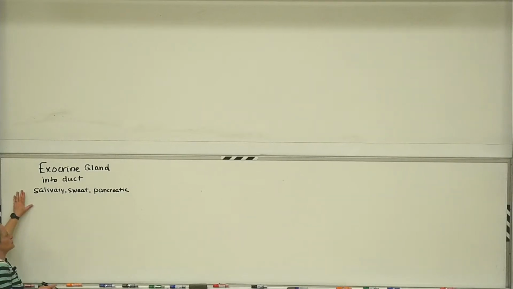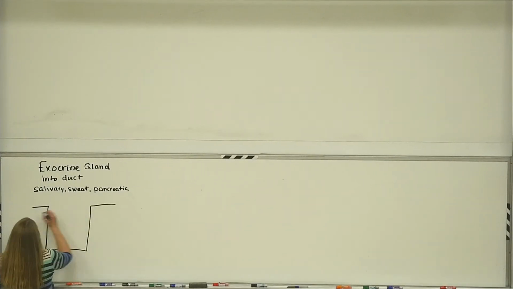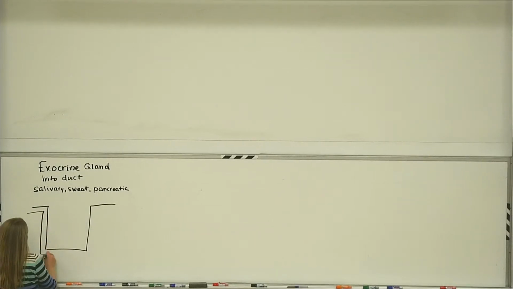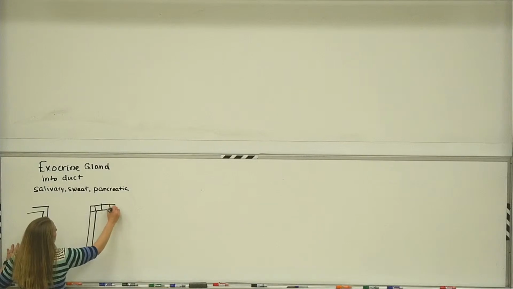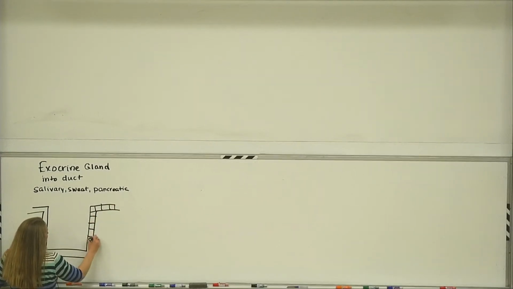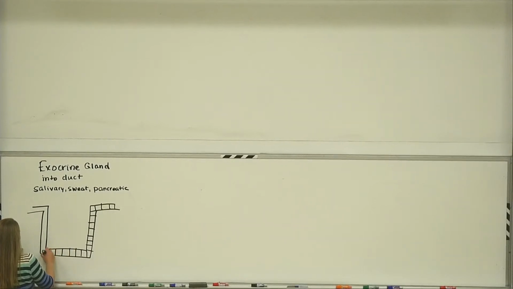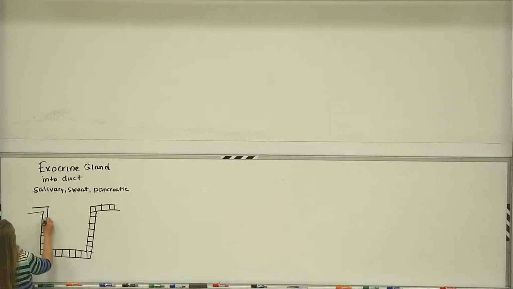They all have their specific purpose and something special about them, but they have the same basic foundation, where they're going to have this duct. And it's just a single layer of epithelium, and that epithelium is sitting on a basal lamina.